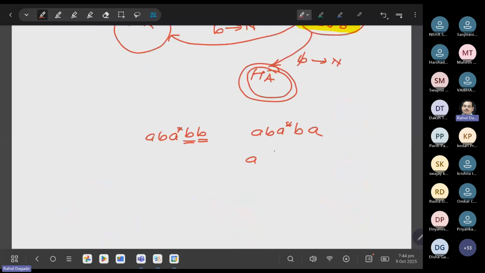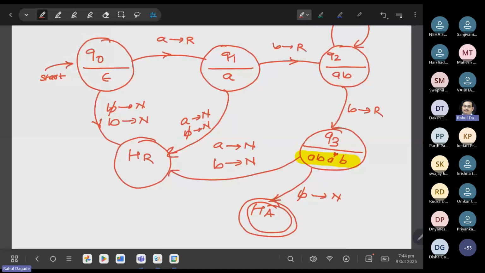So if I get A or B in this state, then it has to be rejected. So this is the Turing machine.